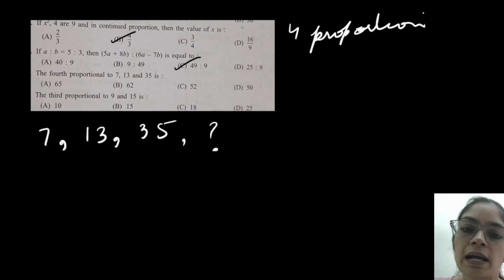But here four proportionals are there, so we have to use the product of extremes formula, AD is equal to BC. If four numbers A, B, C, D are in proportion, then the product of extremes, A into D, is equal to B into C. So this formula we have to use.